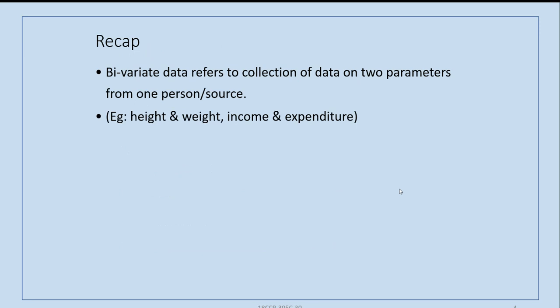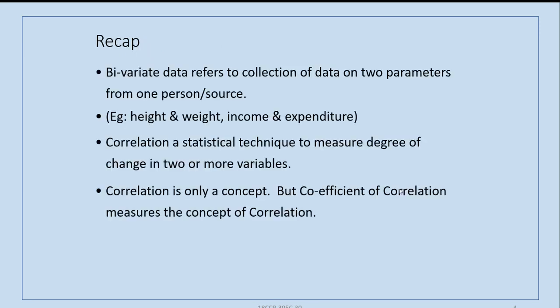To quickly recap what we have seen in the last lesson, bivariate data means the data which is having two parameters from one person or a source.